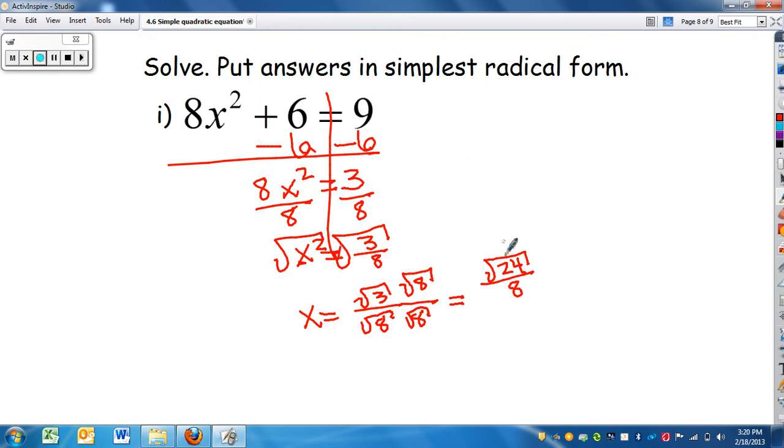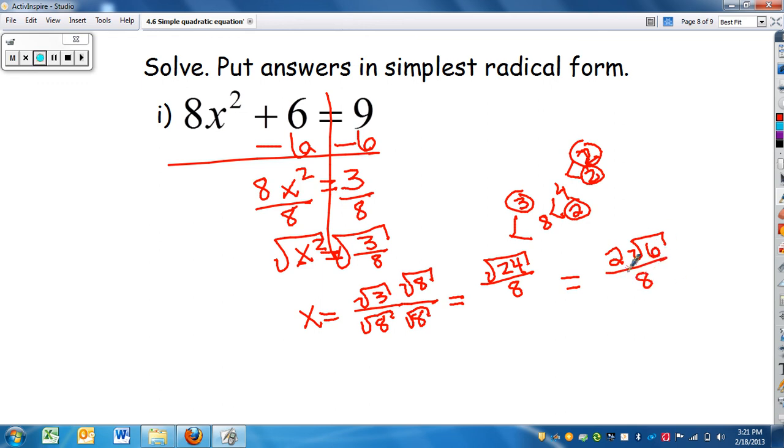Some of you guys may be tempted to stop there like we did in the previous one, but again, you always have to check. Square root of 24, well, we know that's 3 and 8. 3 is prime. 8 breaks down into 4 and 2, 2 and 2. Alright, well, we have a pair of 2's that go outside, and a 2 and 3, so that's square root of 6 over 8.